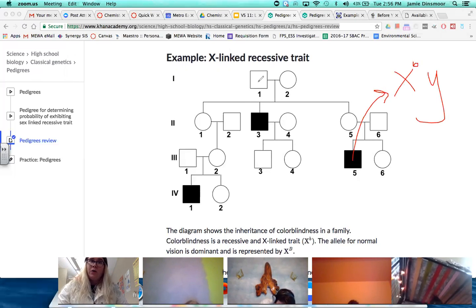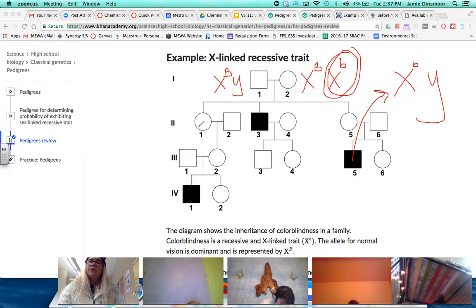So their dad, for example, dad here, first generation dad 1, right? He isn't colorblind. He's going to have X big B, Y. That means his wife, she's the one who introduced it into the family with her X big B, X little b. Why? Because she's not colorblind, but she must carry the trait in order for her kid to get it.